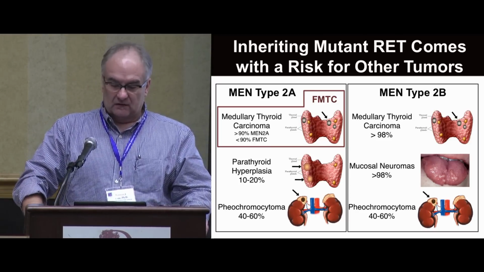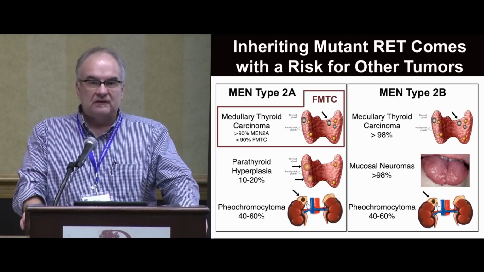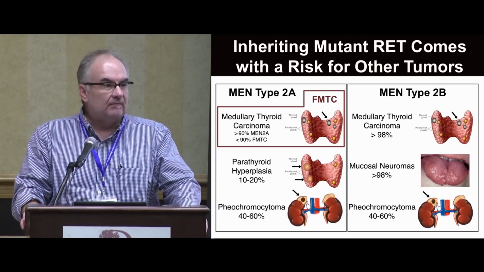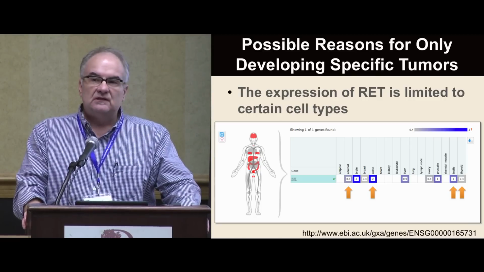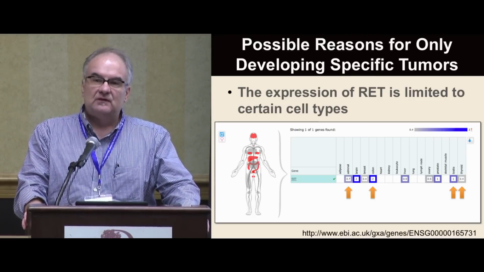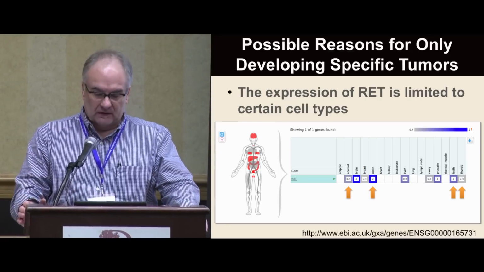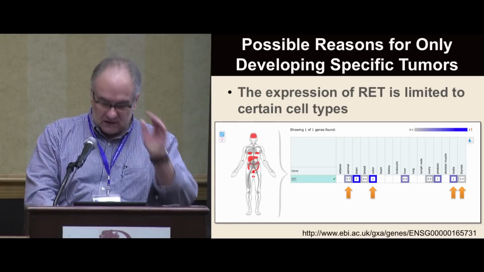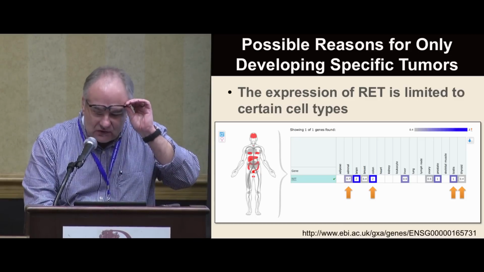So why is it? Well, it turns out that the RET gene is not expressed in every single cell type in your body. It's only expressed in certain cell types. So you need the gene to be expressed in those cell types in order for it to act and change the proliferation. So we can see from this, or if I take my glasses off, that it is expressed in the adrenal gland.